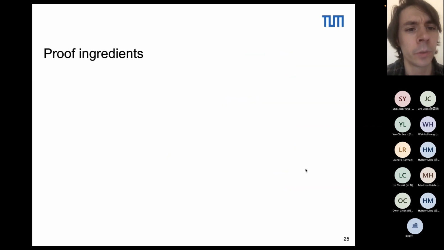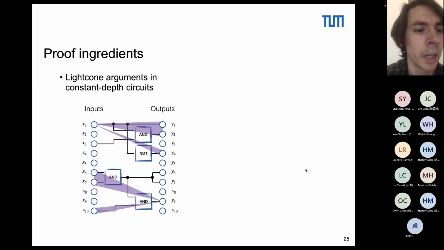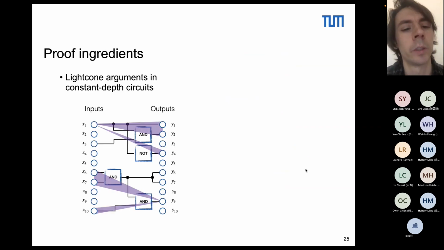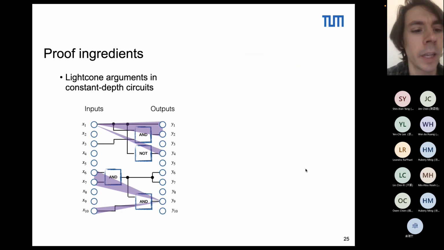I won't go into the details of exactly how it works, but essentially there are two parts to the argument. One is that we use these light cones of constant depth circuits, where if the circuit is constant depth, then for any input, if we change it, it's going to affect at most a constant number of outputs.